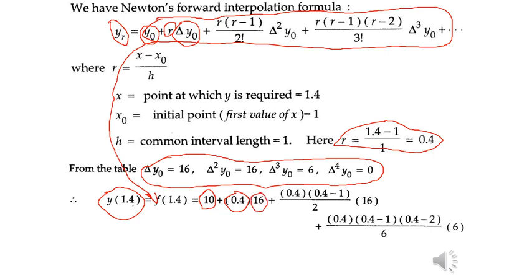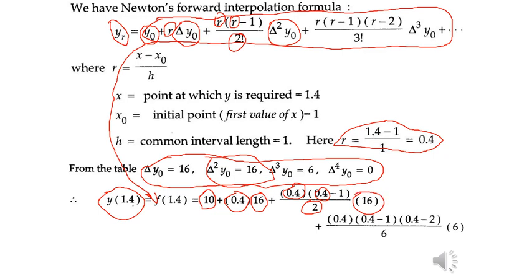Similarly, the next term in the formula is r into r minus 1 divided by 2 factorial. What is 2 factorial? 2 into 1, which is just 2, into delta square y naught. Delta square y naught value is 16. So put the delta square y naught value here.